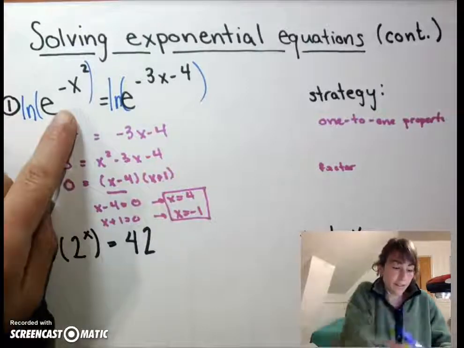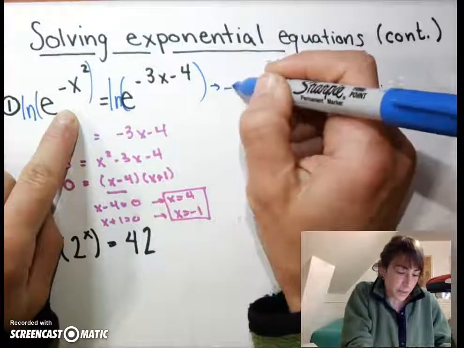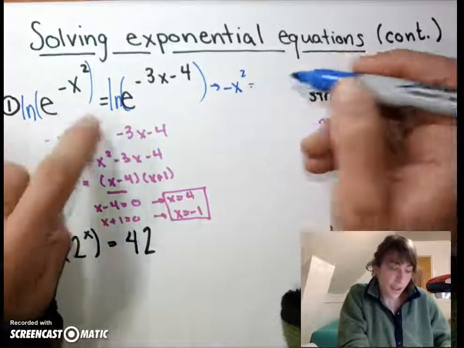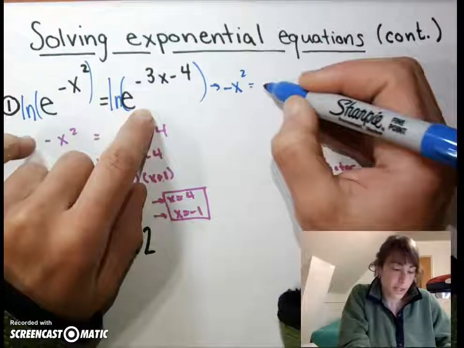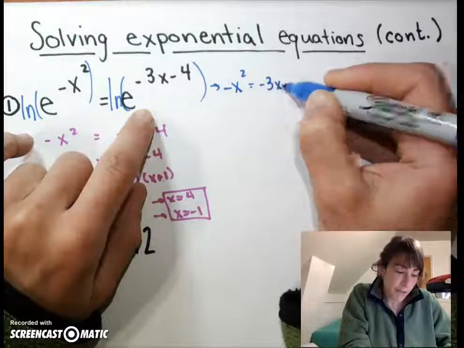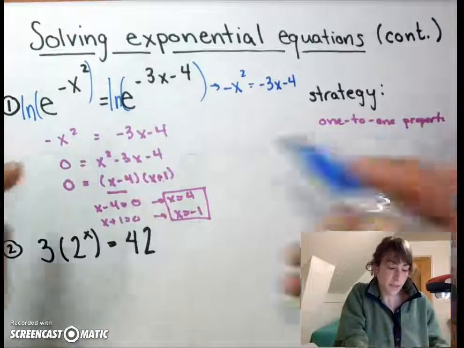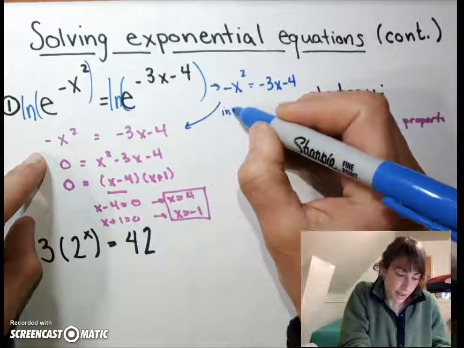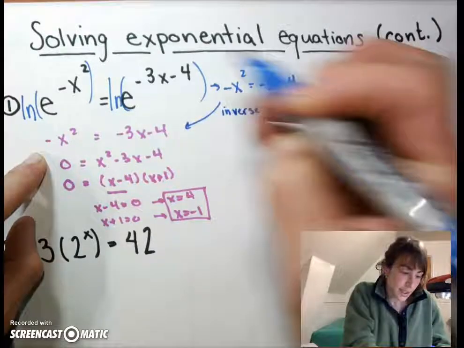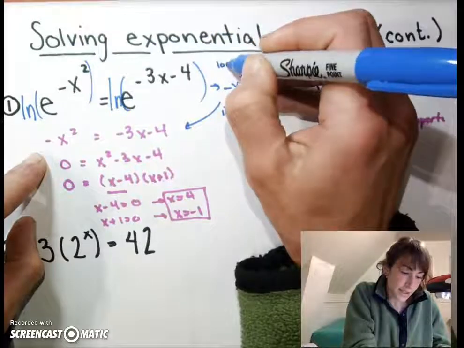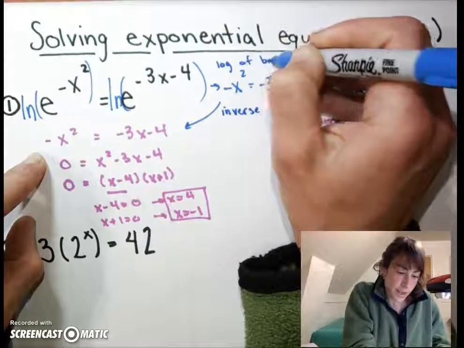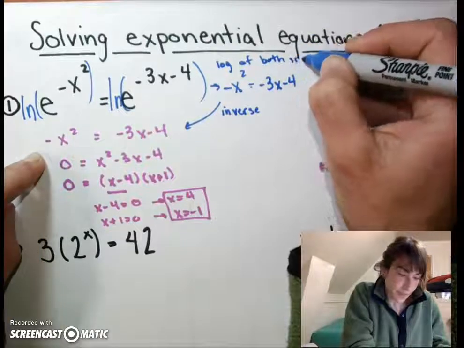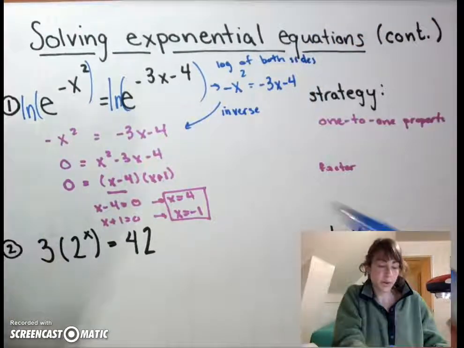So on the left, I'm left with negative x squared because the ln and the e undo each other. On the right, the ln and the e undo each other again, so I'm left with minus 3x minus 4. And it's the same thing. So this is using the inverse property and taking log of both sides. That's the strategy we'll use in every single case from now on. The one-to-one property is just sort of a shortcut.